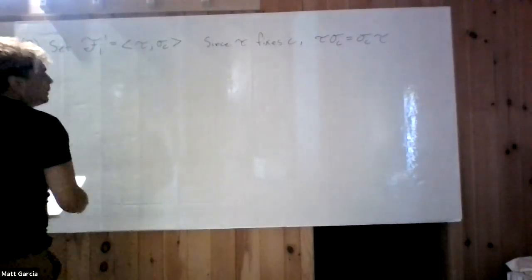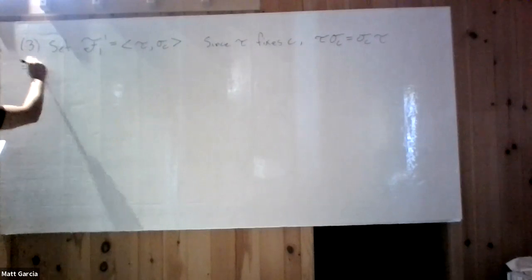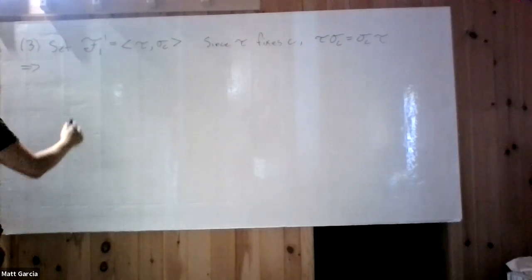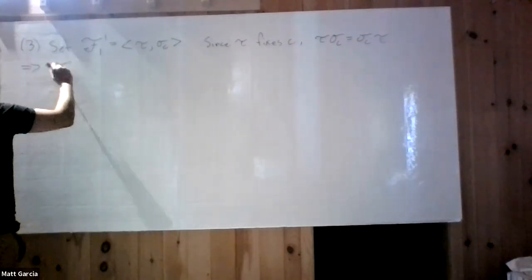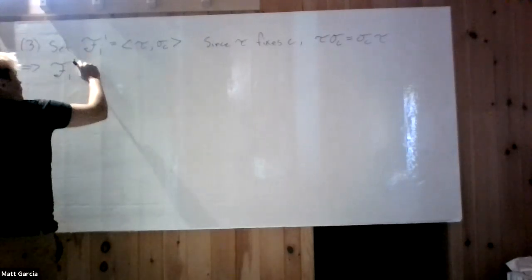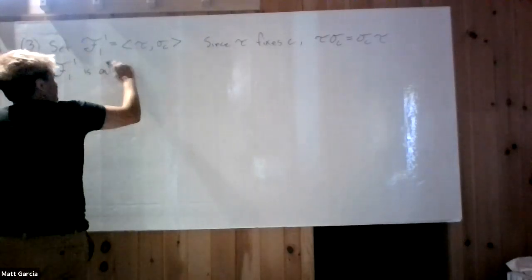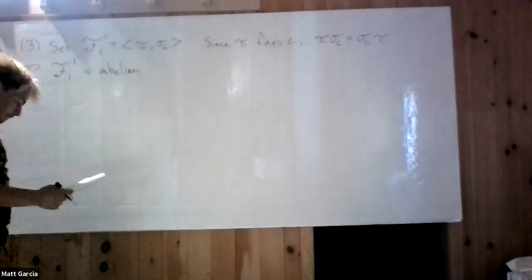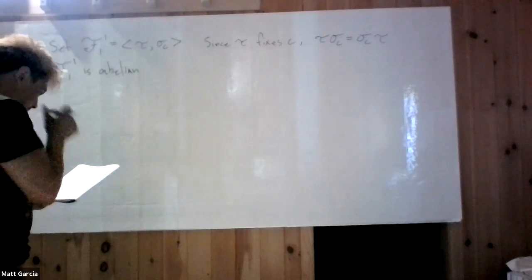Okay, so what does this tell us? Well, this tells us that our Frieze group F11 is abelian. That is, it's a commutative group.